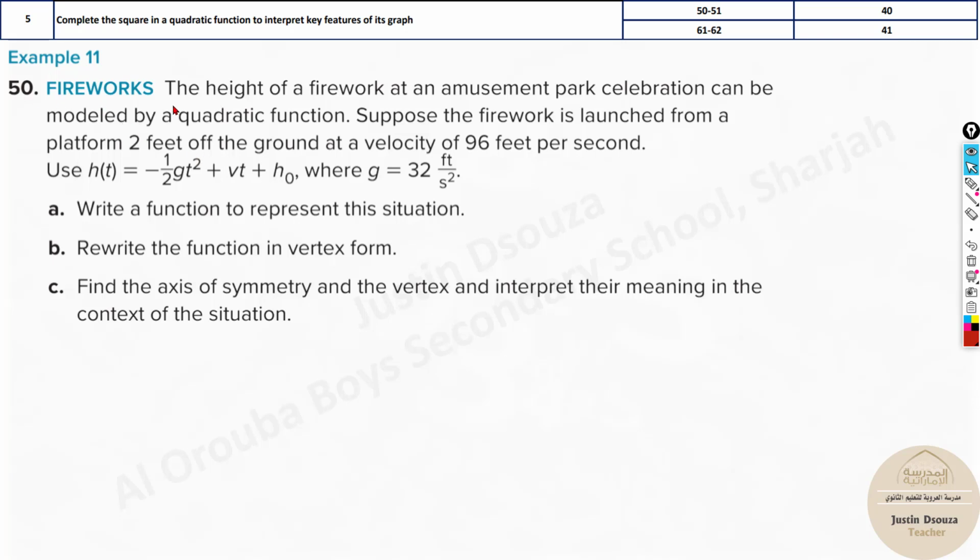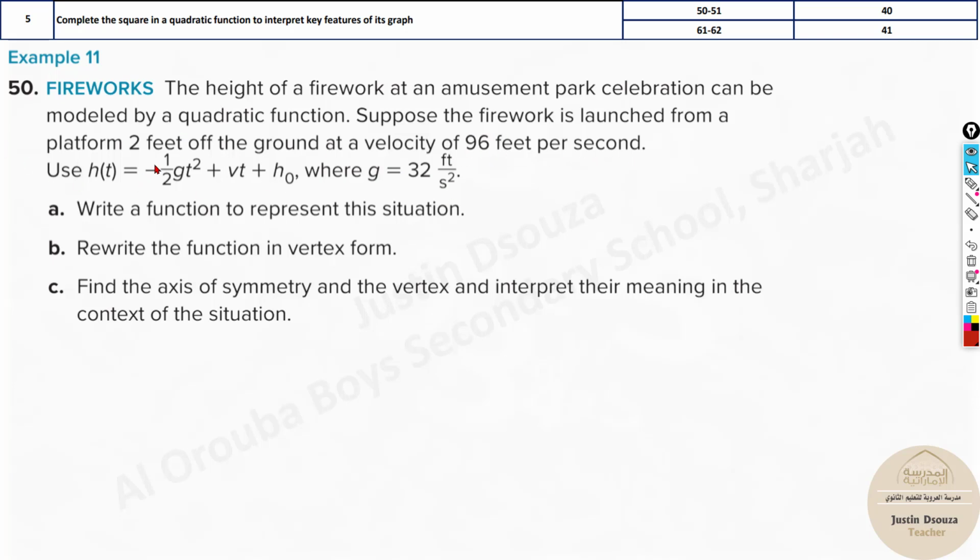It's about fireworks. The height of a firework at an amusement park celebration can be modeled by a quadratic function. Suppose the firework is launched from a platform of 2 feet off the ground at a velocity of 96 feet per second.